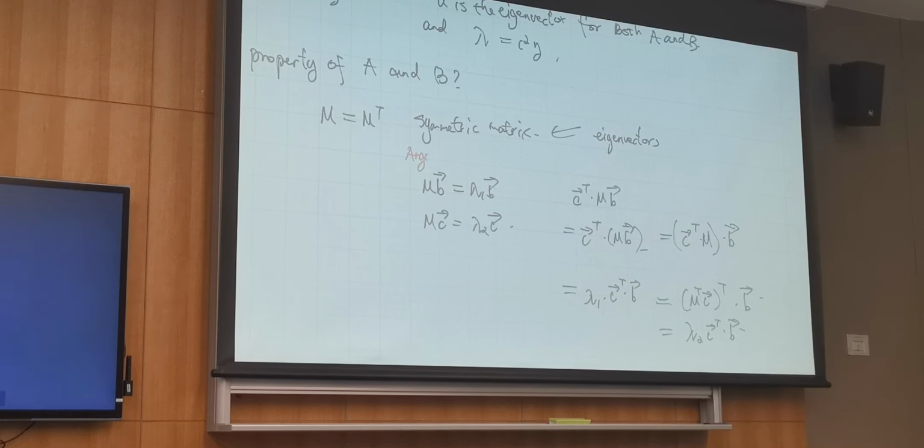So the argument is that for any eigenvectors of M with different eigenvalues, they should be orthogonal to each other.